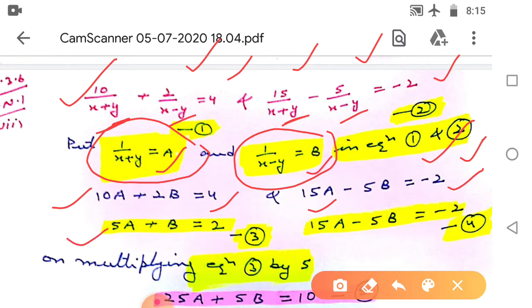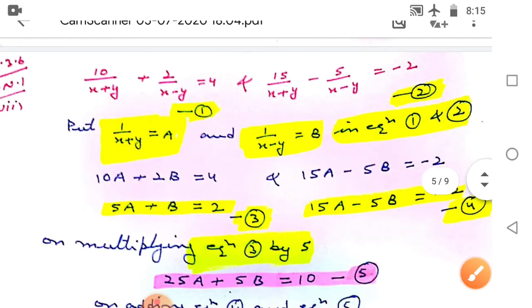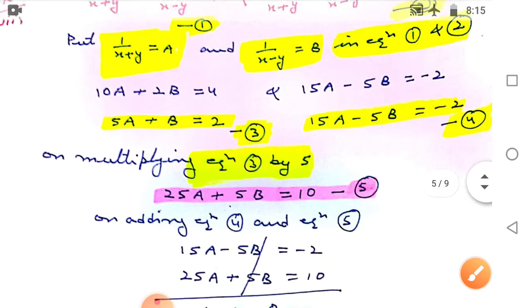So this is 5a plus b is equal to 2 and 15a minus 5b is equal to minus 2. Clear? So we have two equations.